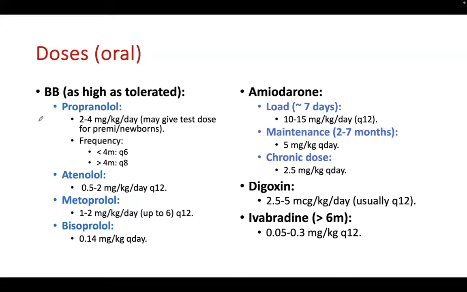You can do digoxin, of course, and ivabradine, which is more an agent for atrial tachycardia rather than SVT that is adenosine sensitive. So ivabradine is rarely used, but it's an option for atrial arrhythmias or inappropriate sinus tachycardia. But the oral drugs that we mostly start off with are beta blockers.